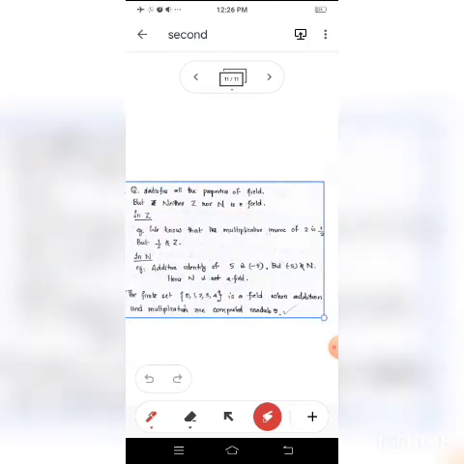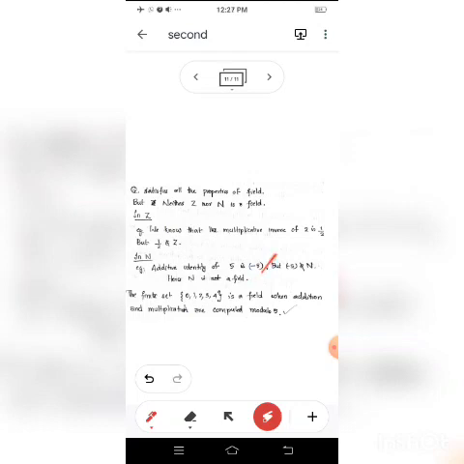We know that the multiplicative inverse of 2 is 1 by 2, but 1 by 2 does not belong to Z, so the multiplicative inverse does not exist in Z, so it is not a field. And in N, the additive inverse of 5 is minus 5, isn't it? But minus 5 does not belong to N. Also, the multiplicative inverse does not belong to N. Hence, N is not a field and Z is not a field.